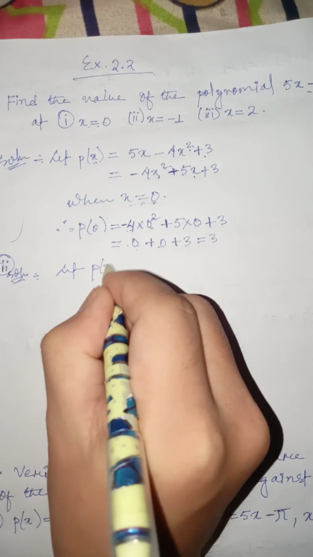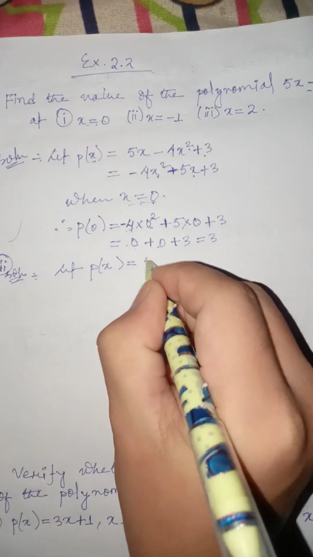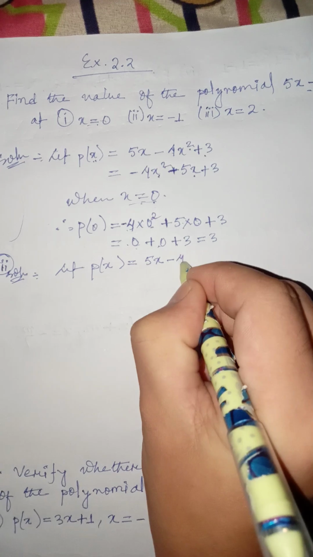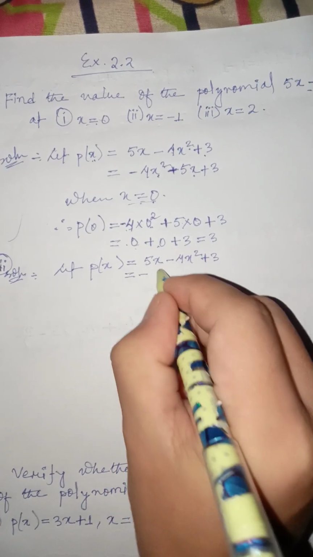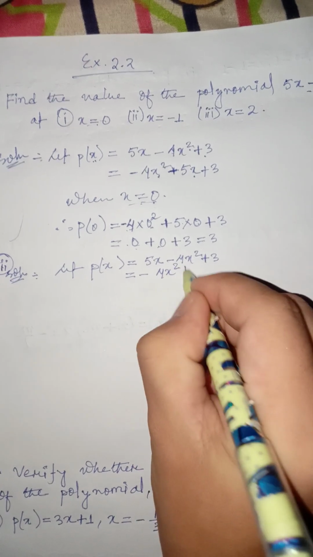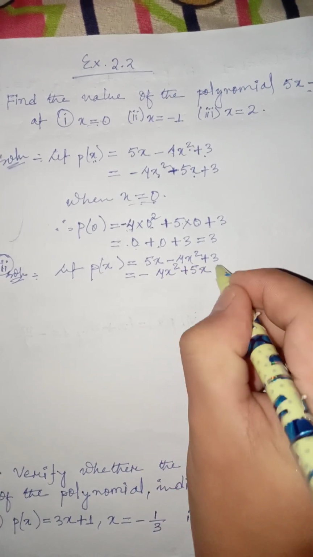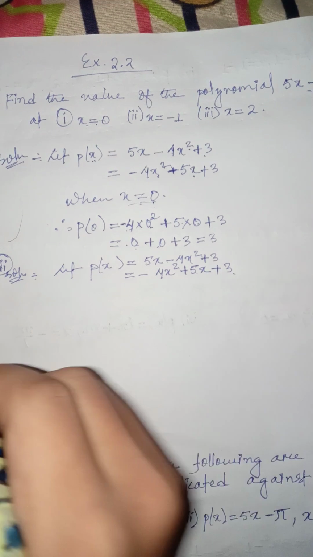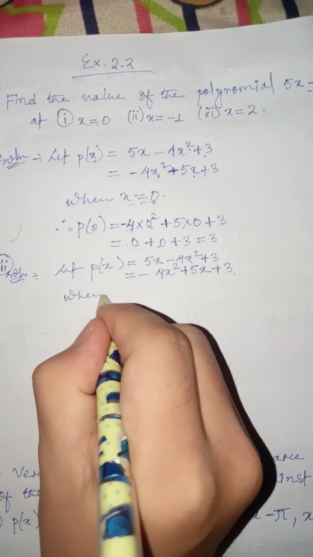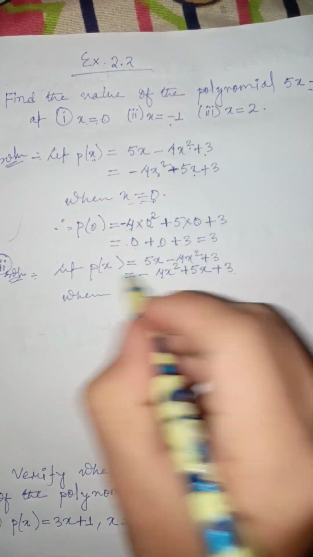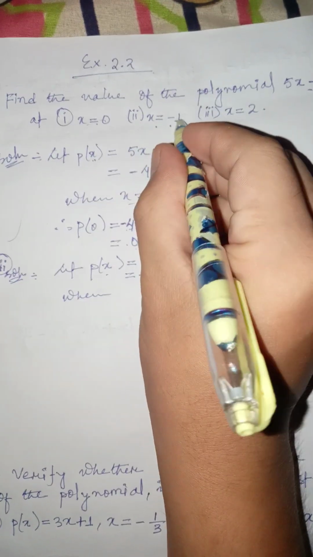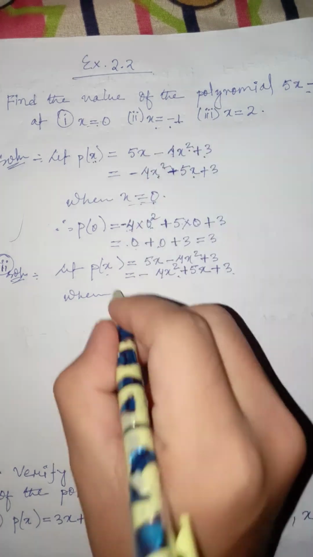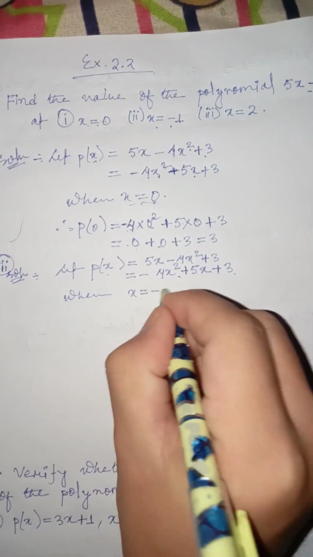Let p of x equal to 5x minus 4x squared plus 3. Let us bring the one of which is the highest power, then 5x plus 3. Okay. Now we will find the values of px, or these values when x is equal to minus 1. Alright, x is equal to minus 1.